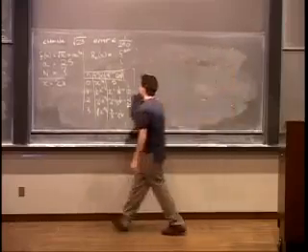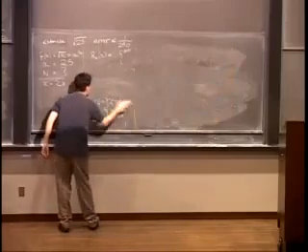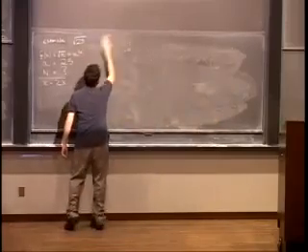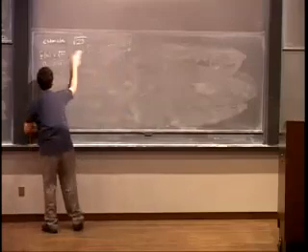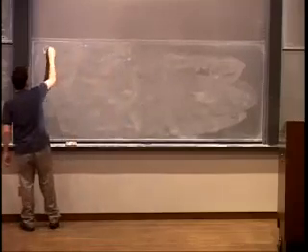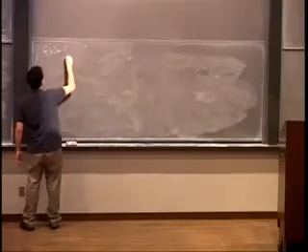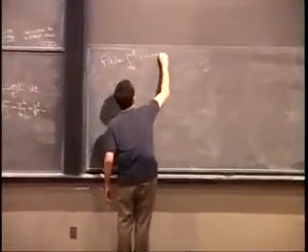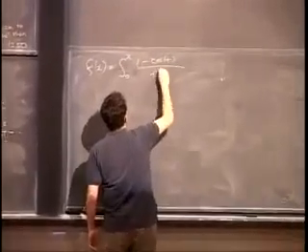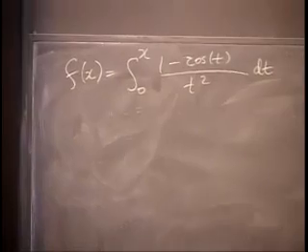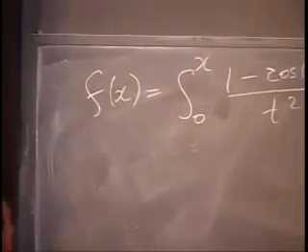I'm going to start with my f of x. Now I'm going to do something a little snazzy. f of x is the integral from 0 to x of 1 minus cosine t over t squared, dt. I'm going to replace cosine t with this series over here.